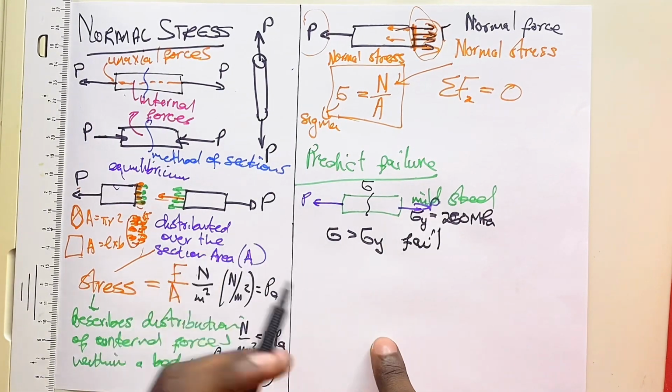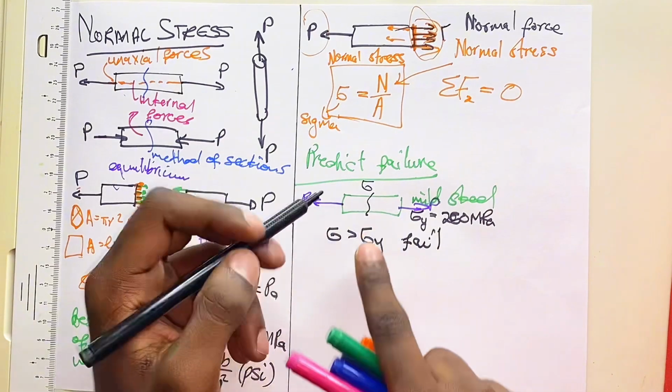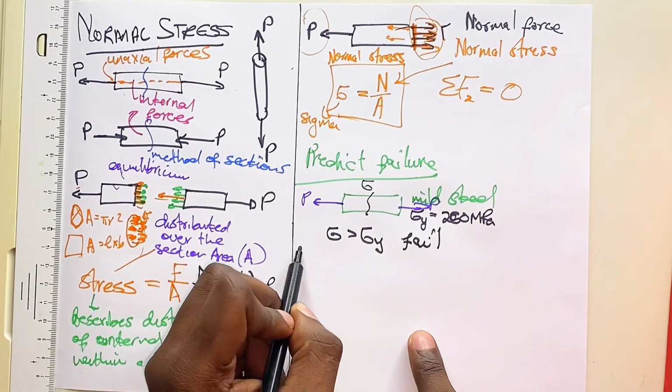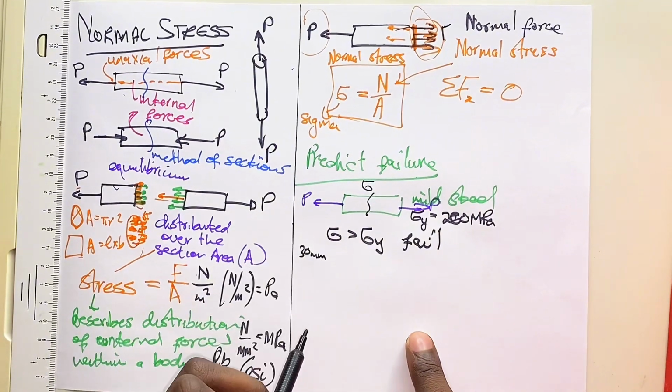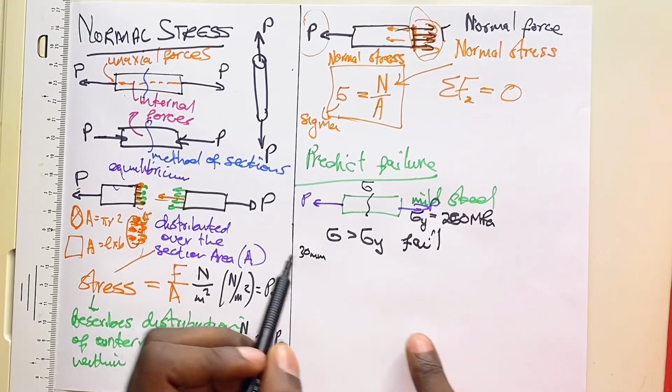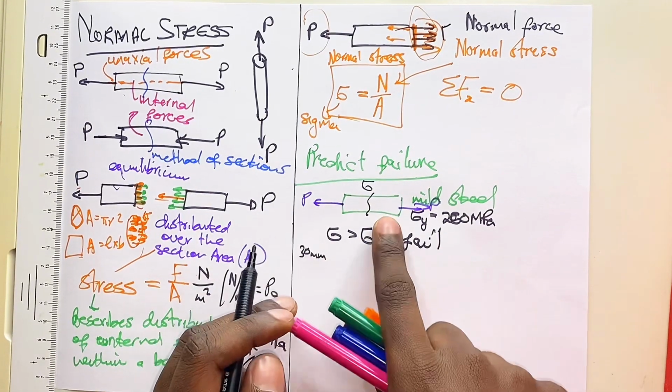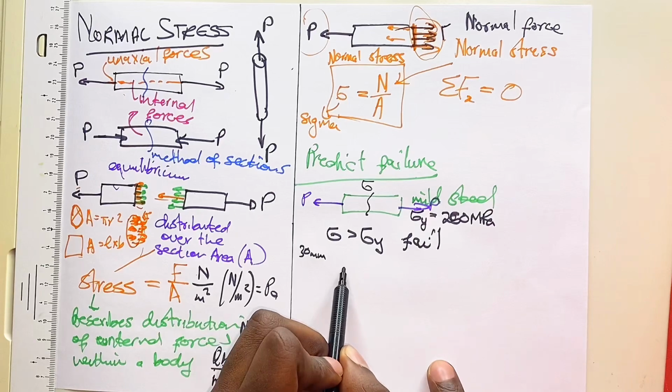For example, let's say we have a rod here, and it has a diameter of 30 millimeters. Now we can calculate the stress so that we can predict the failure.